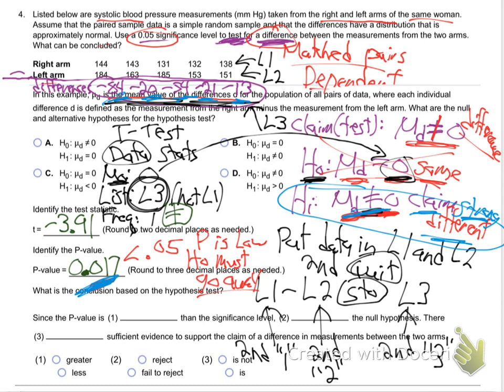Since the p-value is less than the significance level, reject the null. There is sufficient evidence to support the claim that there is a difference in measurements between the arms. There's definitely a difference. There we go.